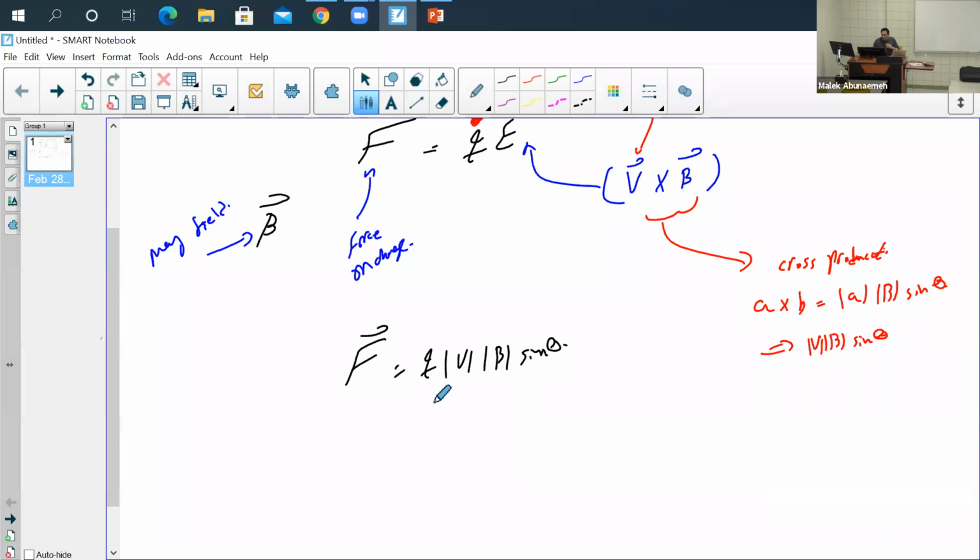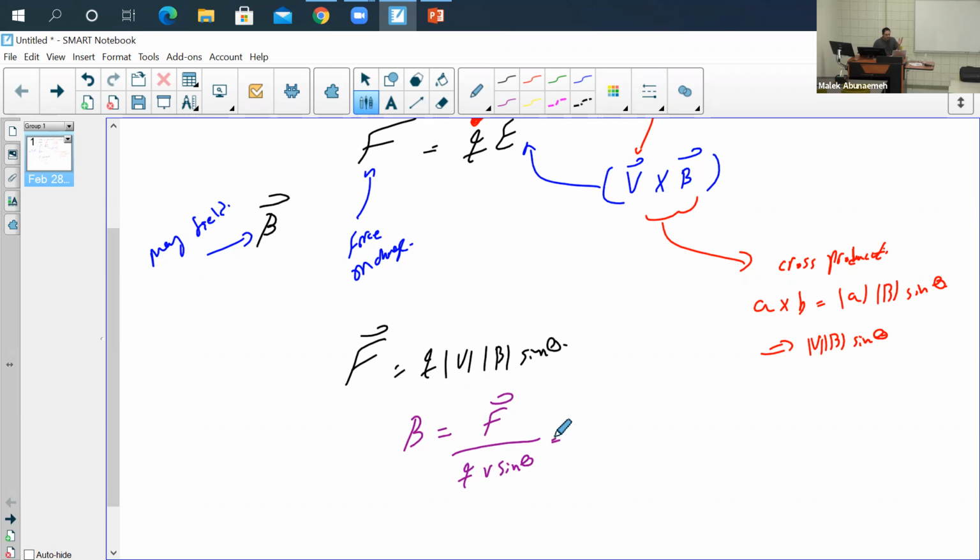Now, if you solve this for the magnetic field beta, let me get a blue. So if you solve for beta, what are you going to have? You're going to have F over QV sine theta.